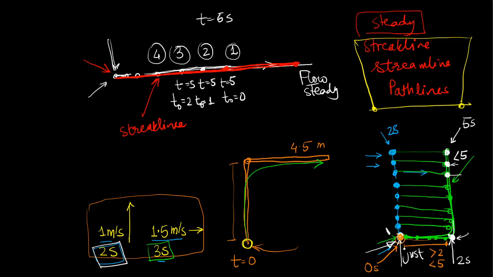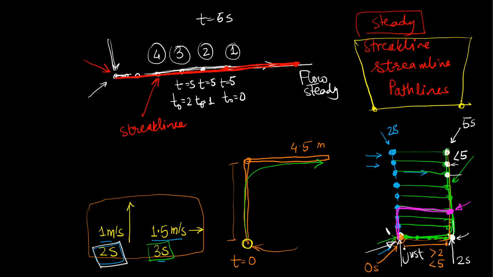So the streak line is this, while each particle has a different path line. Suppose I want to know the path line for this particle. It would be this particular curve, because this is how the trajectory of this particle would have looked.